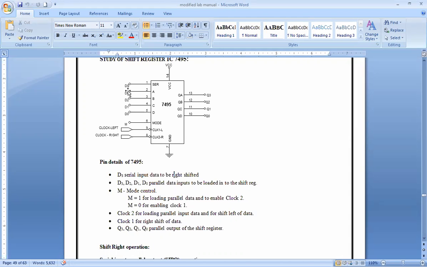You have something called DS. The first pin is called DS, which is your serial input data. If you want to give data bit by bit, then you can enable DS.